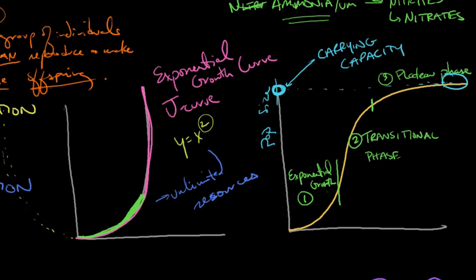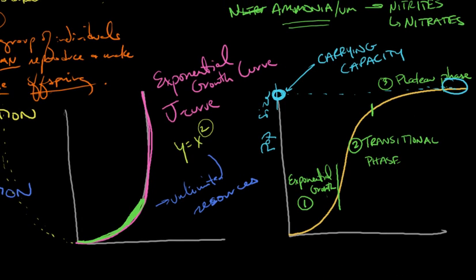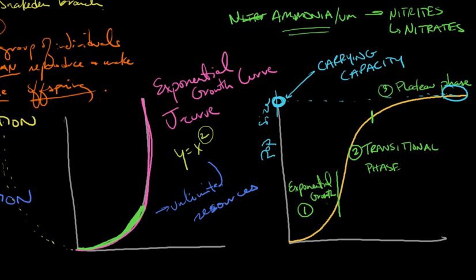And you have to be able to know what some of the limiting factors are for this carrying capacity. So I mentioned some of them: availability of resources such as water, food, maybe even sunlight, depending on what kind of population we're talking about.